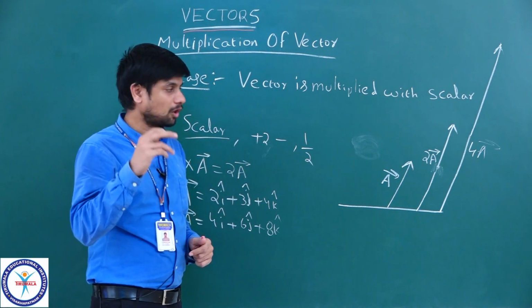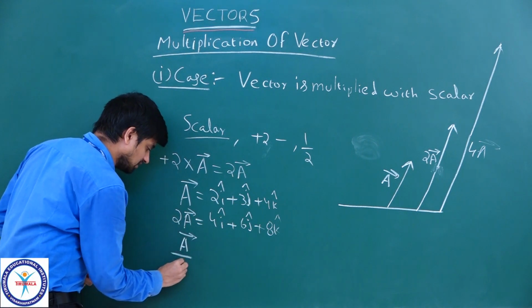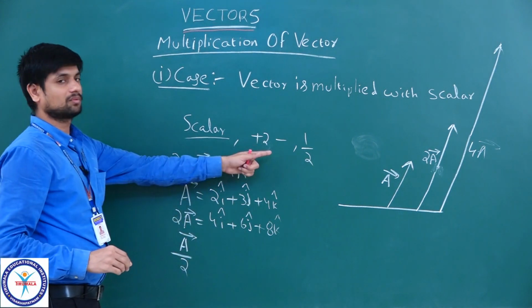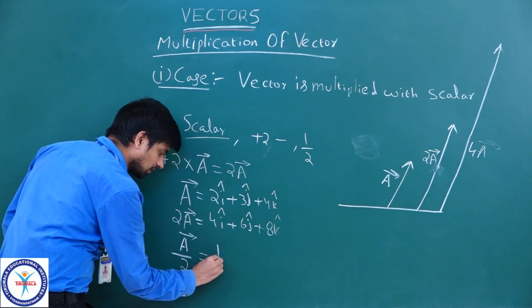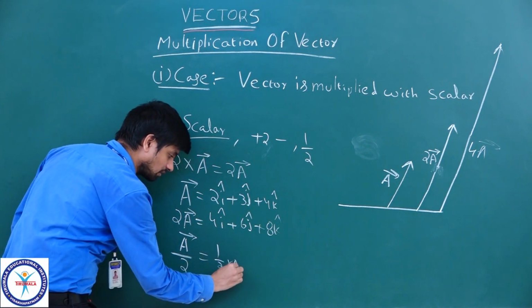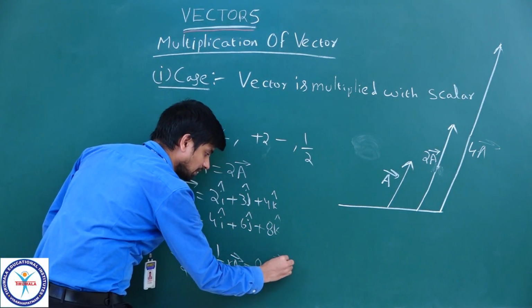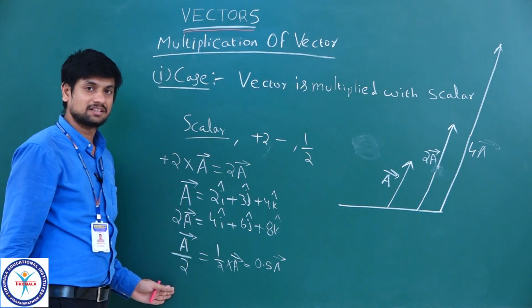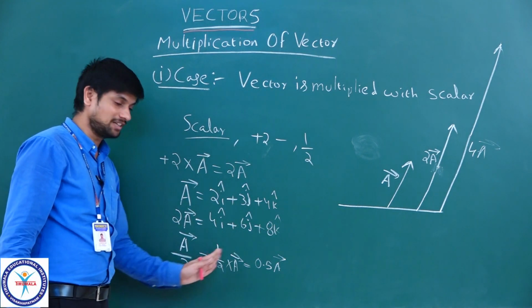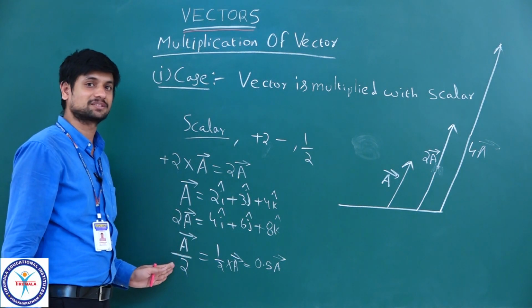If you want to divide, look at this, a bar is divided by 2. You think that this is division, but I am thinking that this is multiplication. Half means 0.5 a bar. So here I am not actually dividing by 2.